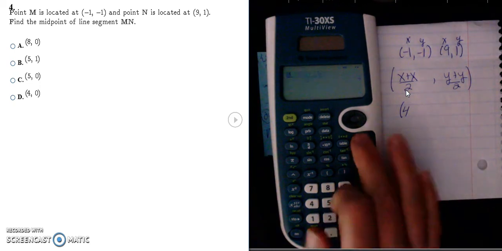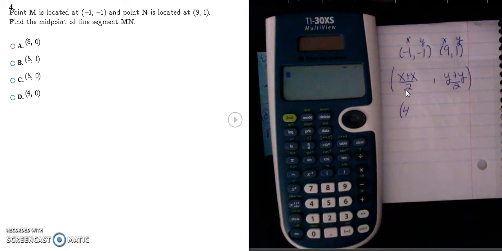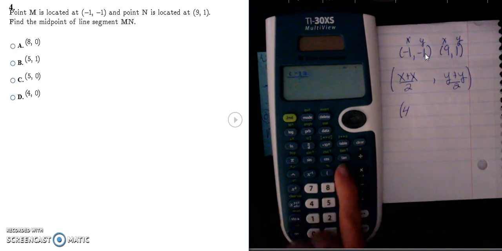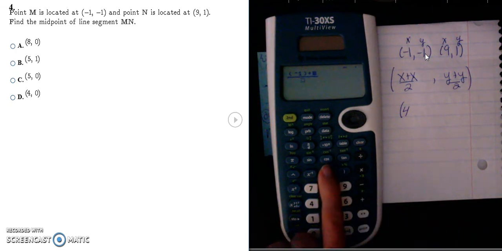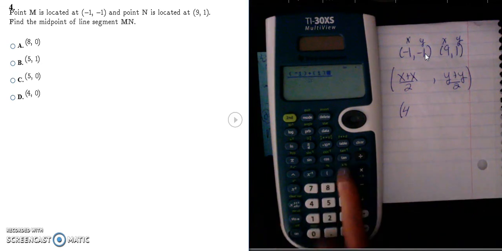Then the last part of this problem is to calculate the y coordinate using the y plus y, divide by 2 part of the formula. It's a fraction, so I'm going to press my fraction button, and then add my y coordinates, which are -1 plus 1. I need to put those y values in parentheses, so parenthesis -1 parenthesis plus my other y value, which is 1 in parentheses.